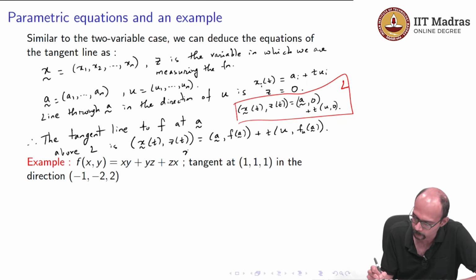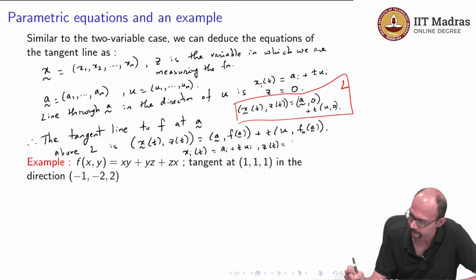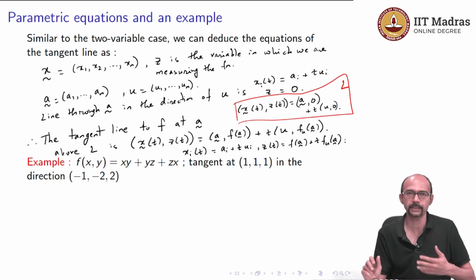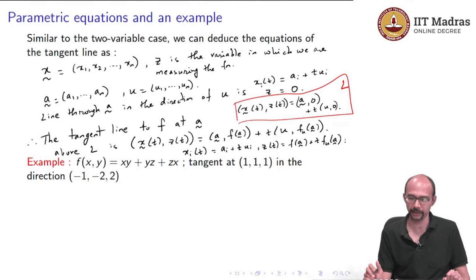For the parametric form you will have x i of t is a i plus t times u i, exactly as we had for the line L, and the remaining coordinate is z of t. For z of t we will have f of a tilde plus t times f_u of a tilde. So, we can write it in either which way, the vector form or the parametric form.